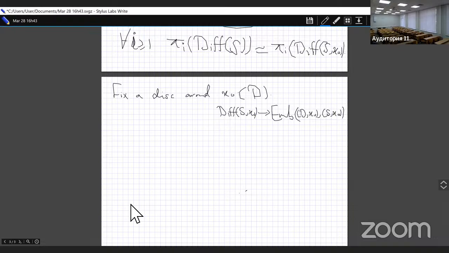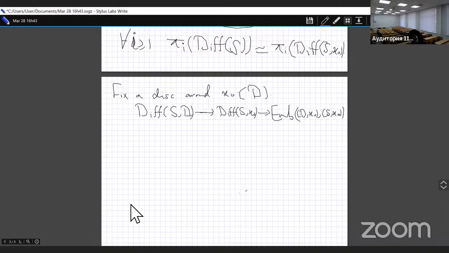The fibers are the diffeomorphisms fixing D. The notation is clear, right? The diffeomorphisms of S fixing D and S. We don't need them, because if it fixes D, it fixes this.